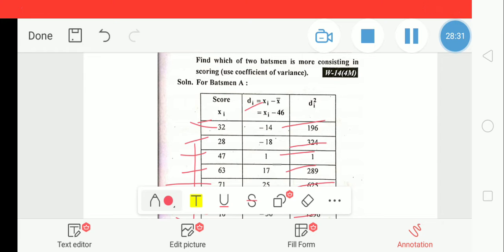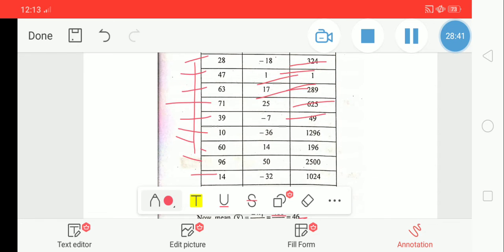That is the d, and we want di square. So whole of square, so 14 square, 18 square, 1 square, 1 square, 17 square, 25 square, minus 7 square, minus 36 square, 14 square, 50 square and minus 6 square. So they use these ones.